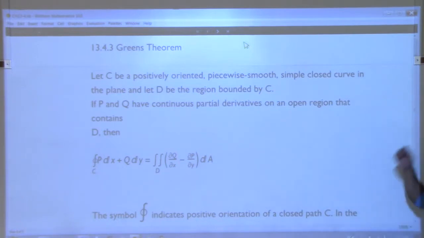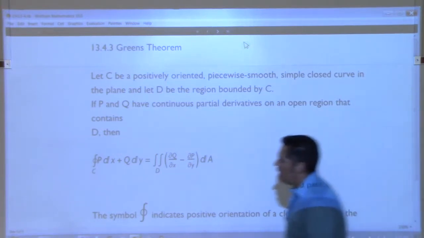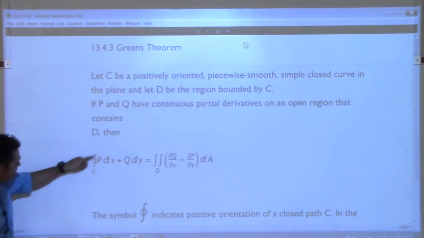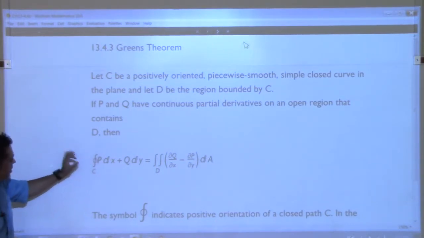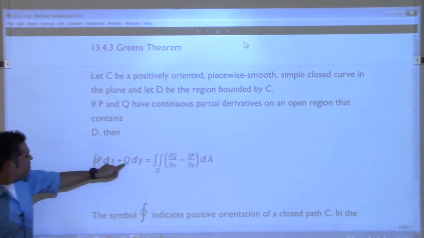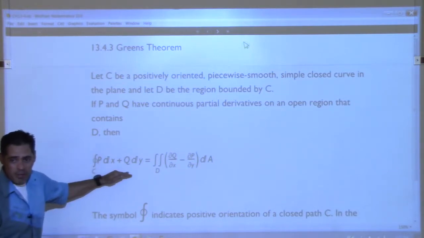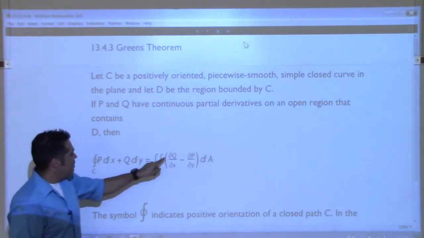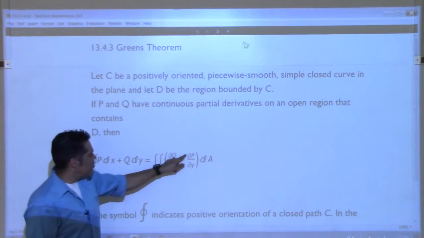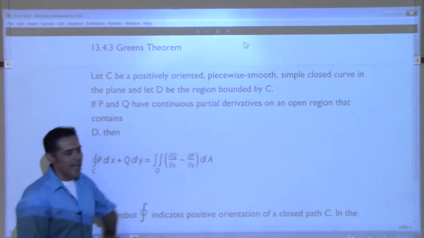If P and Q have partial derivatives on the open region that contains D, in other words, it makes sense for us to take derivatives within that domain inside that curve, then the line integral over C, the closed curve, that was what we were talking about last class, that circle means closed curve, of P dx plus Q dy, this is basically work, okay, is equal to the double integral over D of the partial of Q with respect to x minus the partial of P with respect to y dA.